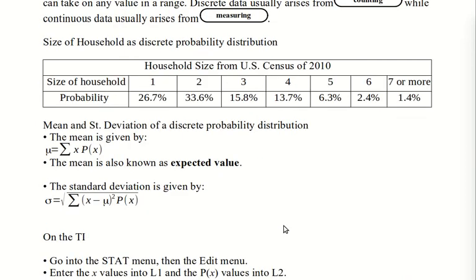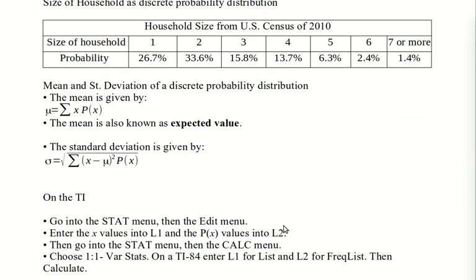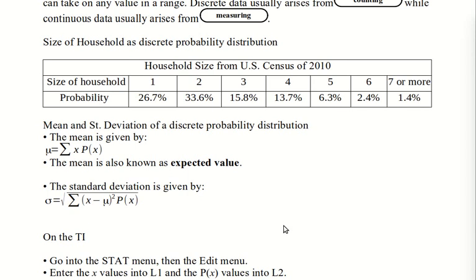So our next example looks at the result of the 2010 census and the number of people in households. This is discrete. It's discrete because the household values can only take on 1 up through 6 and 7 and more. So there's no way of talking about a half of a person in this context.